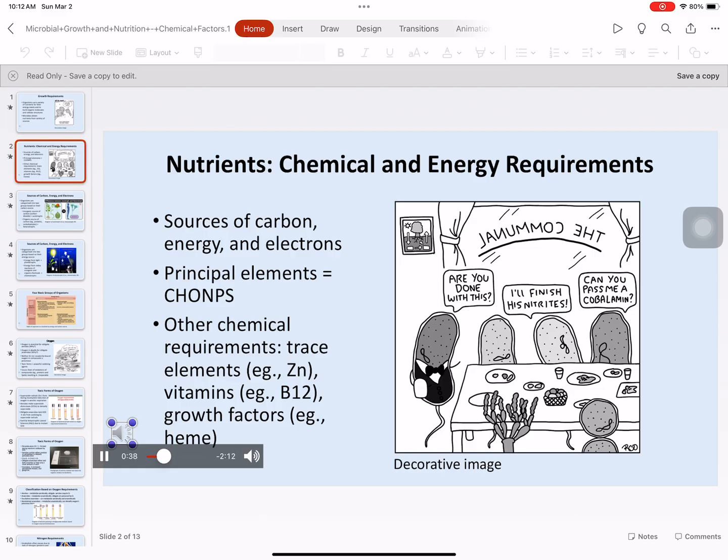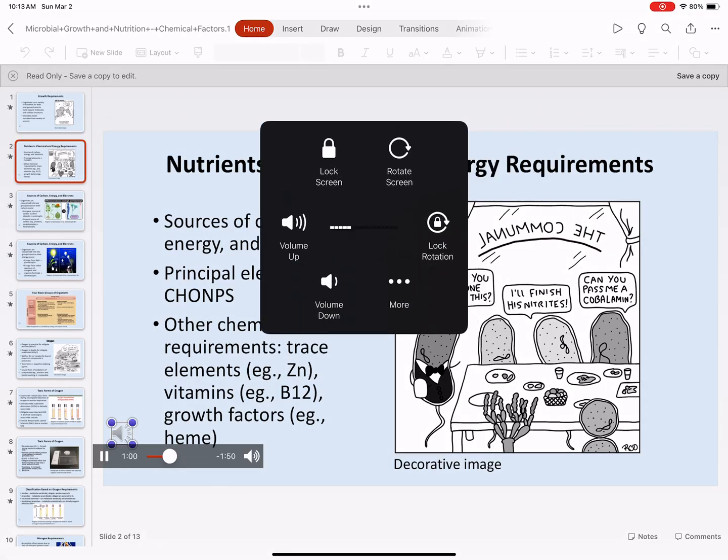We learned earlier in our unit on biological macromolecules that the principal elements that microbes need are carbon, hydrogen, oxygen, nitrogen, phosphorus, and sulfur. So those are the biggies, the big six.